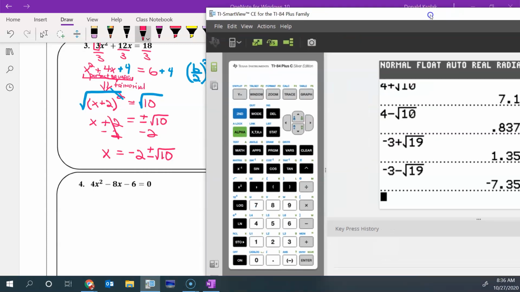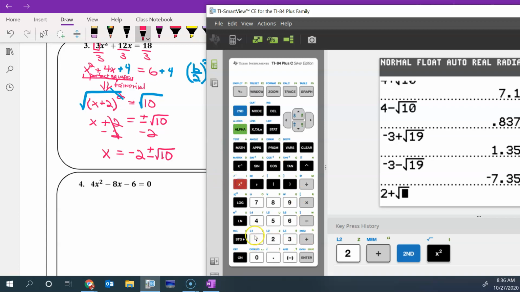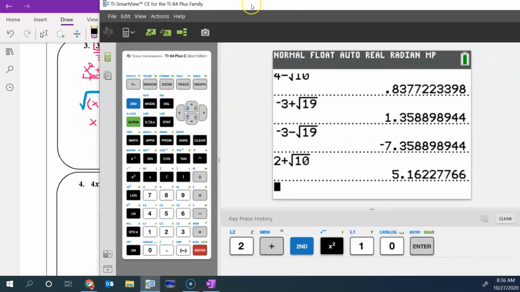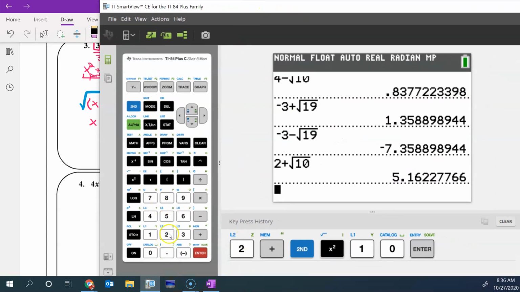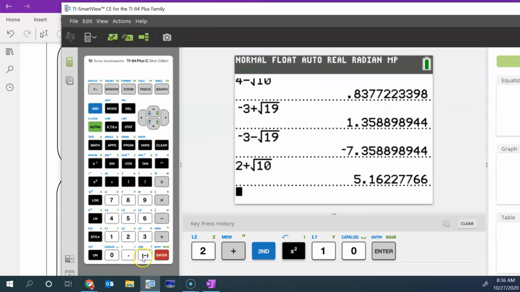Okay, so if I wanted to know what that number is as an actual value, it's plus second square root 10. So that x-intercept is around 5. And it's -2. That's wrong.